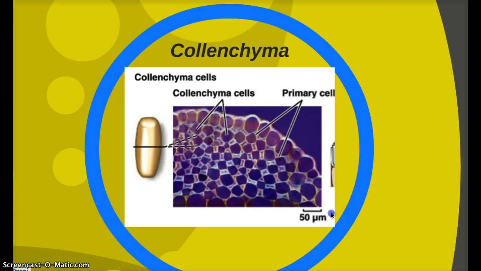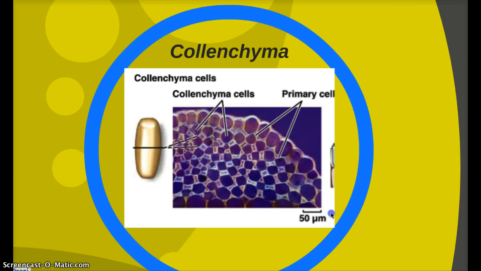And finally, the collenchyma cells are the elongated cells. And they also have thick cell walls, but unlike the sclerenchyma cells, their cells are living. And they are affected by mechanical stress upon the plant, unlike the sclerenchyma, which have full-on support and they're not as malleable as the collenchyma cells.